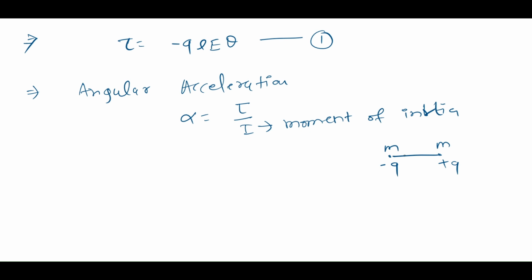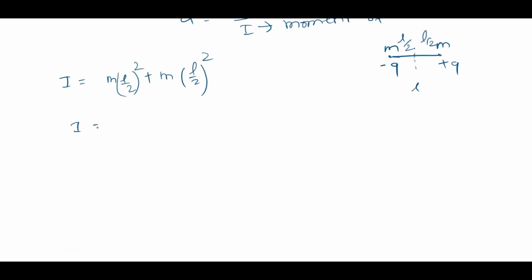The length of the dipole is L, so the half length is L by 2 on each side. So I is equal to m (L by 2) square plus m (L by 2) square, which is m into 2 times (L by 2) square, so I is m L square by 2. This is the moment of inertia of the system.